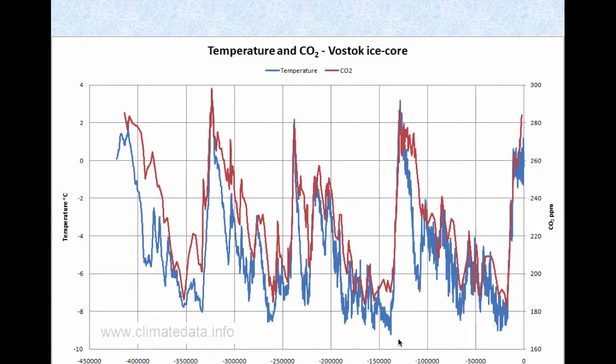So that gives us this axis. And those radiocarbon dating methods are not yet good enough to tell us which comes first. Does the CO2 go up first and then the temperature go up? Or does the temperature go up and then the CO2 go up? So you just have to stay alive for a few more years or a couple more decades until scientists can do a better job of estimating that quantity.